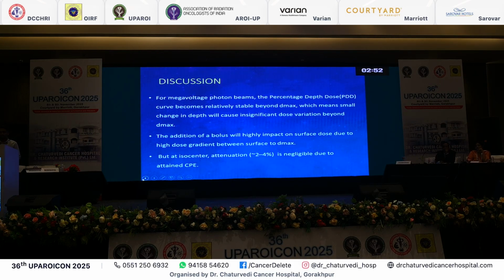For megavoltage photon beams, the percentage depth dose curve becomes relatively stable beyond Dmax, which means a small change in depth will cause insignificant dose variation beyond Dmax. But the addition of bolus will highly impact the surface dose due to the high dose gradient between the surface and Dmax. At the isocenter level, it is negligible due to attained CPE.